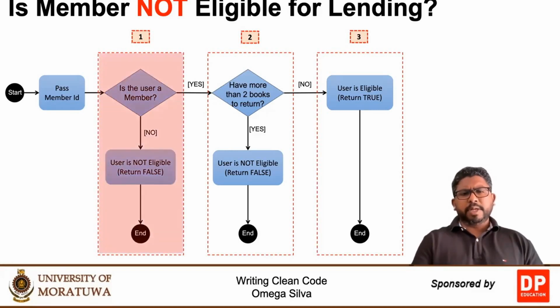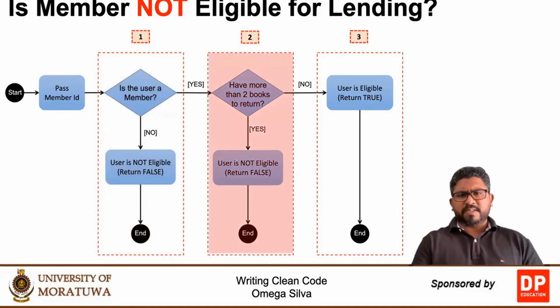So the first condition, if it fails, the function decides that the member is not eligible, returns false, and ends the function. And if this condition passes, it moves to the second step.